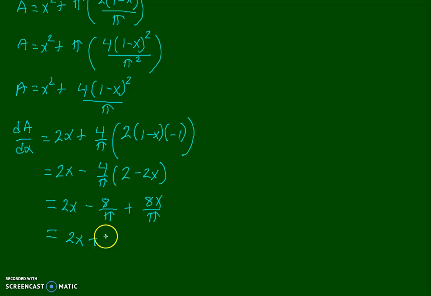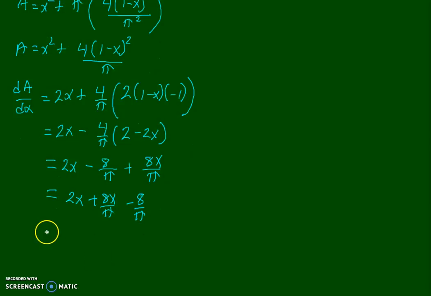And we will have 2x plus 8x over pi minus 8 over pi. Now we can factor out a 2x out of this, which should give us 2x times 1 plus 4 over pi, minus 8 over pi.